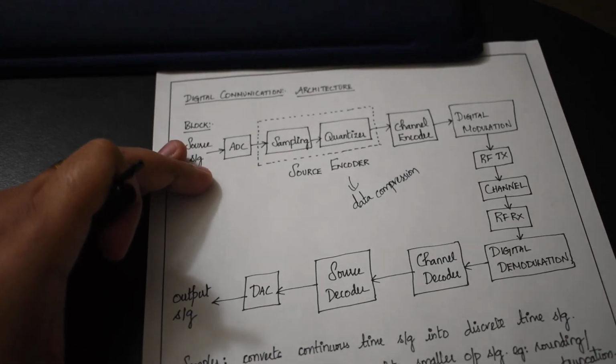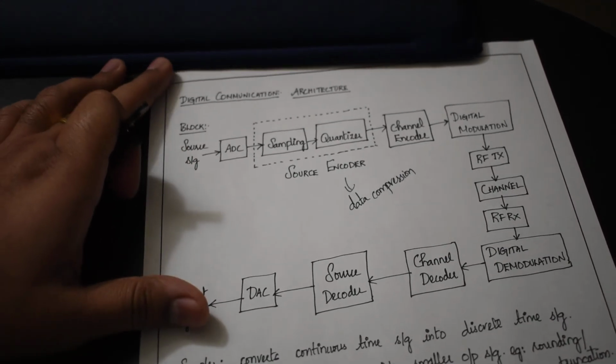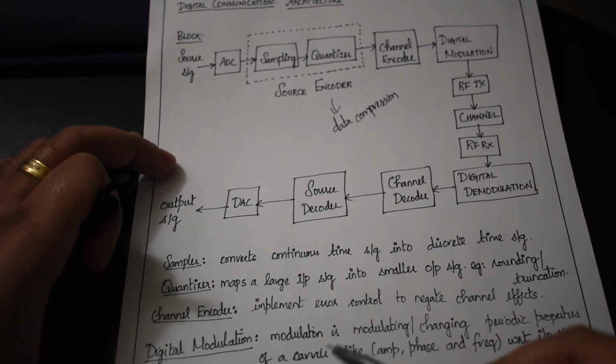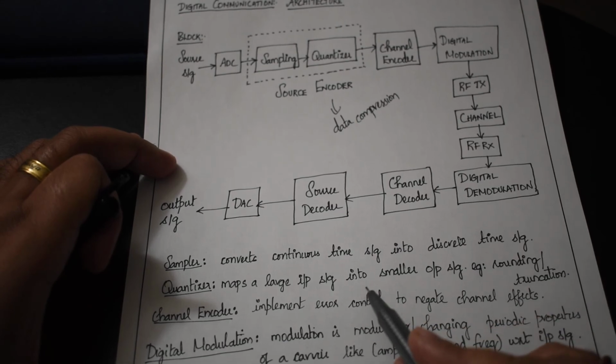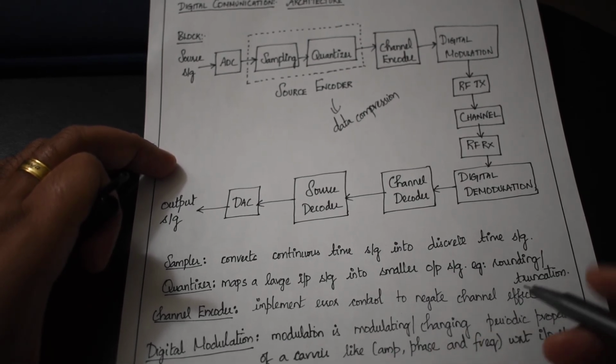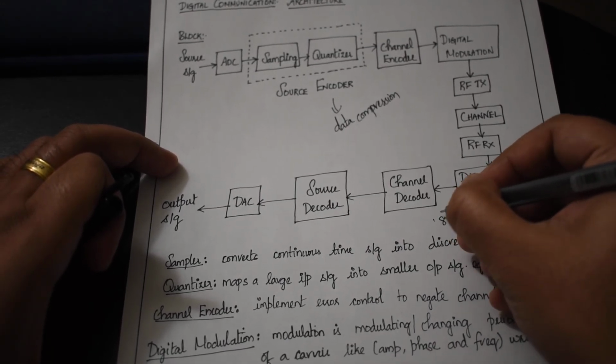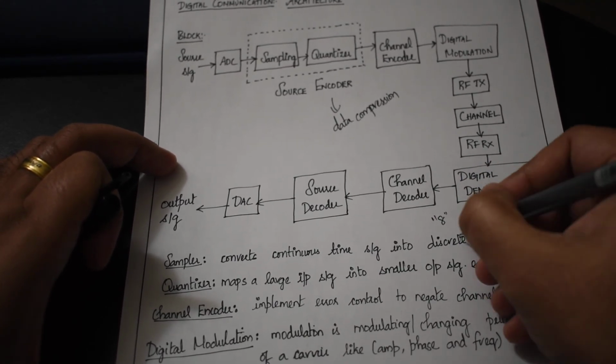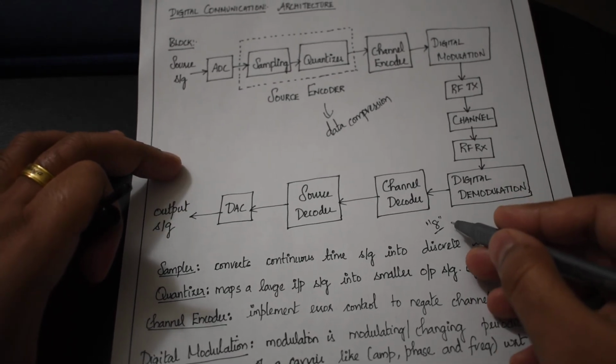So we are converting a large input signal. Let's say we have a large number of bits, and we are reducing it into just 8 different sets of information, or 8 is an arbitrary number, I'm just saying 8.